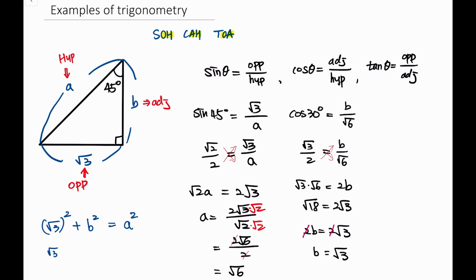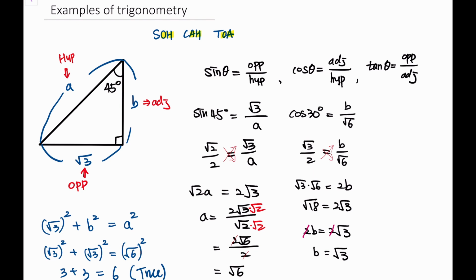So rad 3 squared plus rad 3 squared is equal to rad 6 squared. And we get 3 plus 3, that is equal to 6, which is true. And this verifies that we have calculated those values correctly.